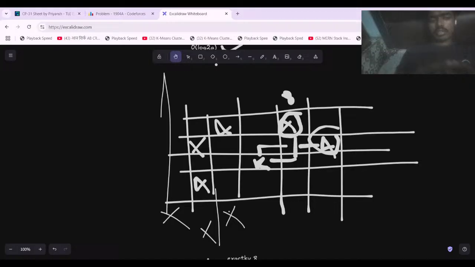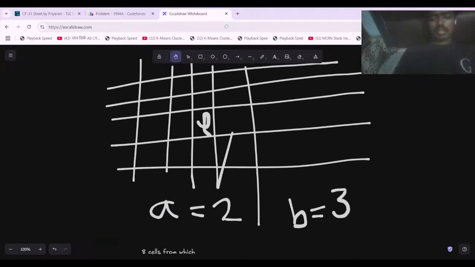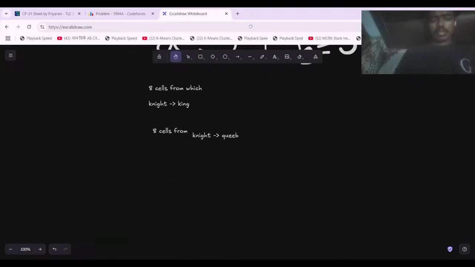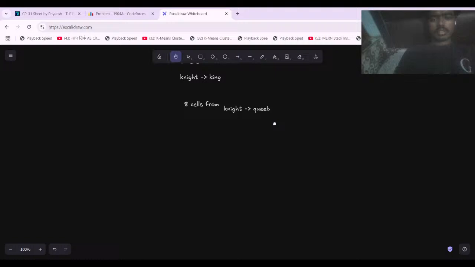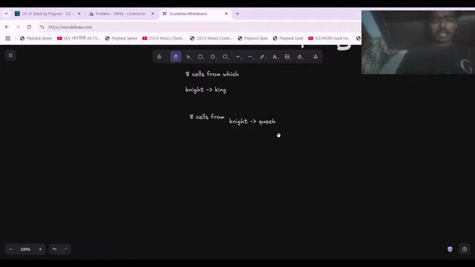So I can find these 8 positions by brute force. Similarly, I have 8 cells stored in some data structure for the king, and 8 cells stored in some data structure for the queen.